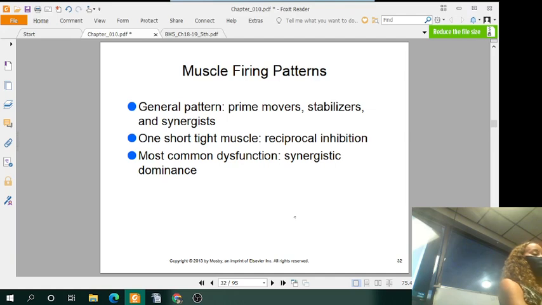You want to strengthen the weak area, and sometimes if one is exponentially strong and the other is weak, you want to relax the super strong one and try to build up the other. You can give them exercises to do if it's very weak. Sometimes it'll be weak from being overextended, like the traps. They're tight, but they're weak, because they're over-lengthened.